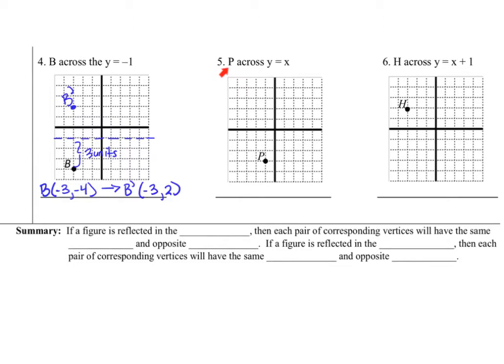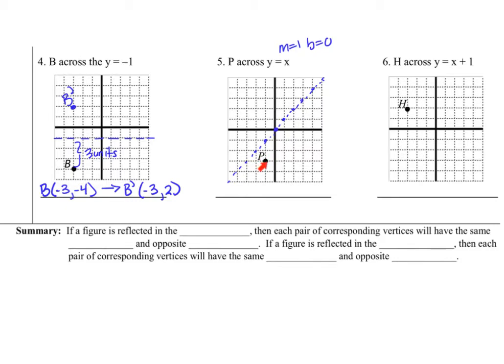Let's take a look at number 5. Now we're going to reflect P across the line y equals x. y equals x has a slope of 1 and a y-intercept of 0, so that line is going to be diagonal, just like the line I'm sketching now. Even with diagonal lines, we count how far away P is from this line, but now we count diagonally instead of up, down, left and right.